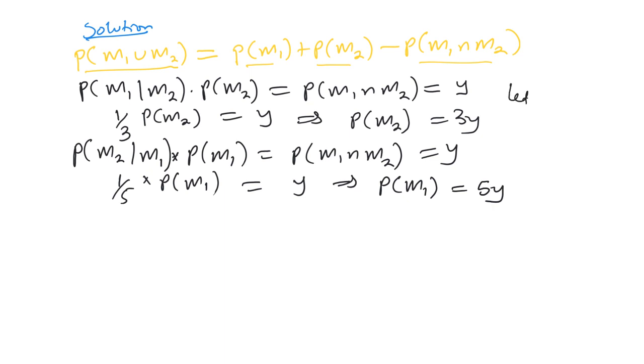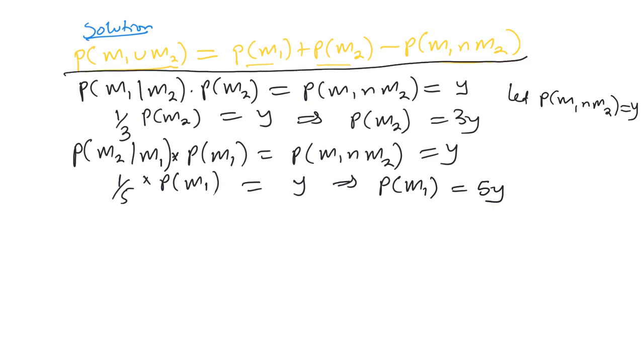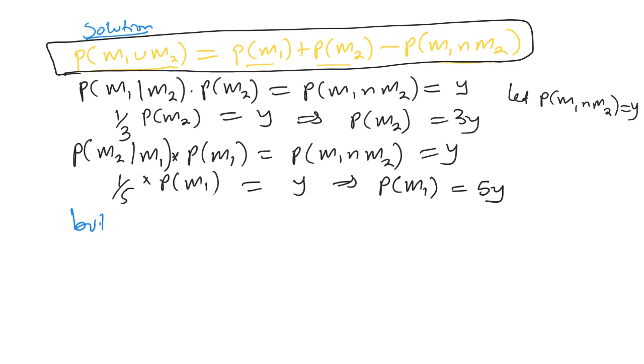Now everything has been expressed in terms of y, remember. We have let the probability of M1 intersection M2 be y. So that's why we are finding it very easy to make use of this step, substitute. But the probability of M1 union M2 is equal to 1.